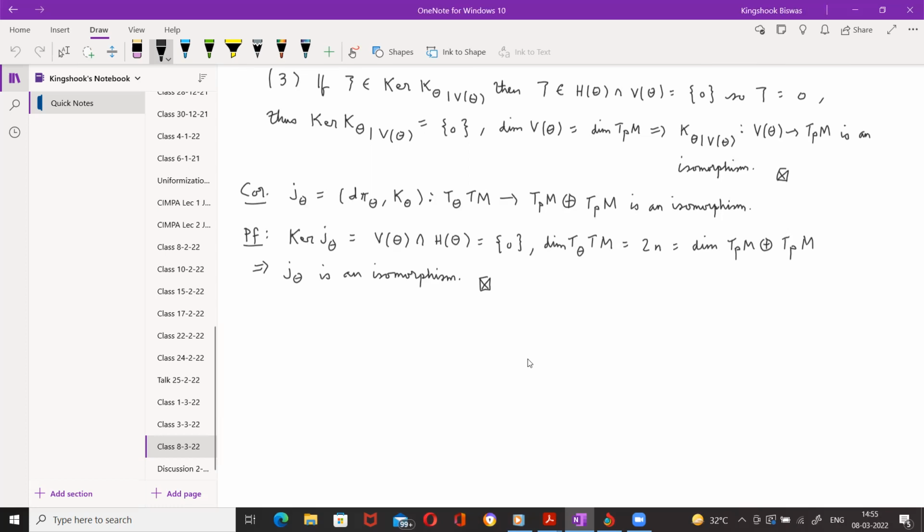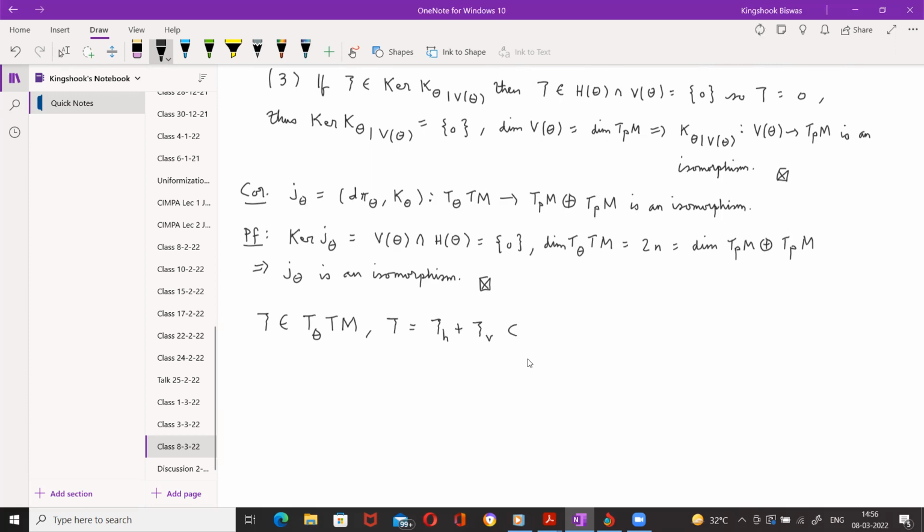Okay, so now using this, let's just understand a bit that if I have xi in T theta TM, I write xi as xi horizontal plus xi vertical.